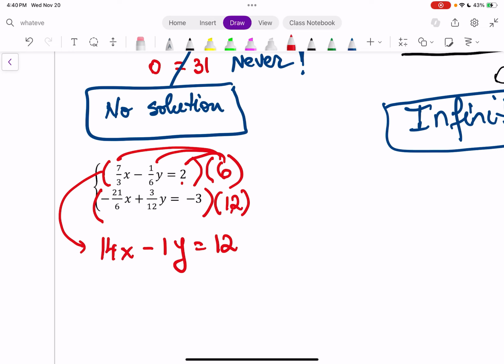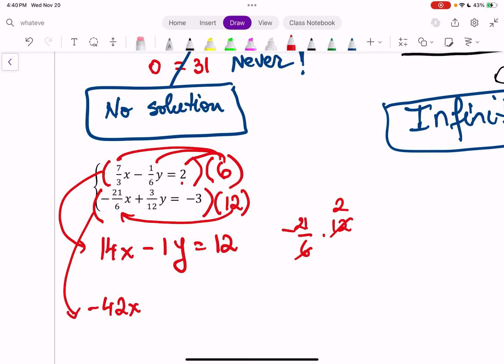So here it is. Negative 21/6 times 12 is negative 42x. 3/12 times 12, that's just the 3. And negative 3 times 12, that's negative 36.